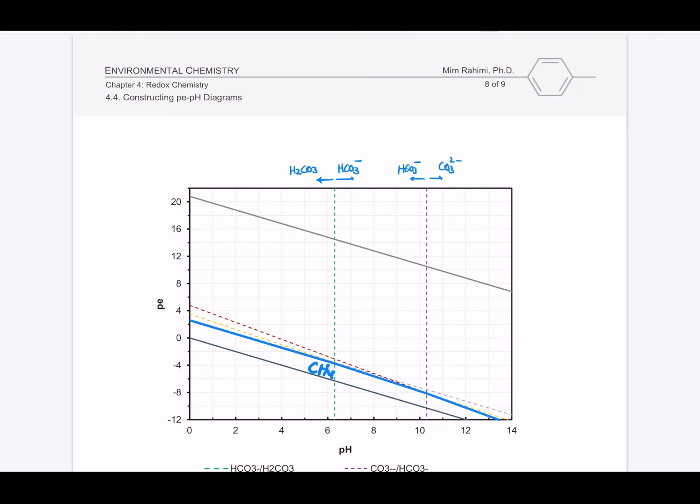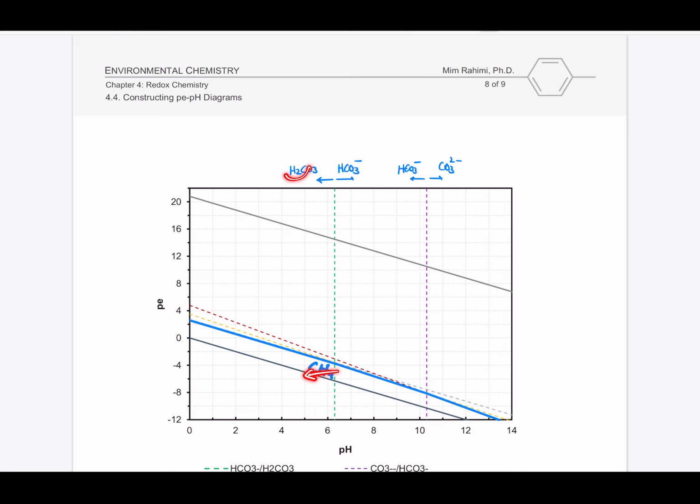So now let's cut this line. What part makes sense? This part obviously doesn't make sense. How about this part? It's the methane region.